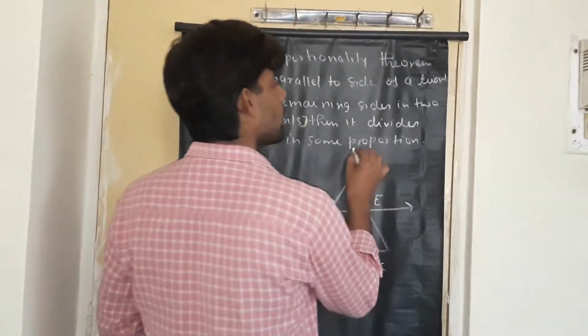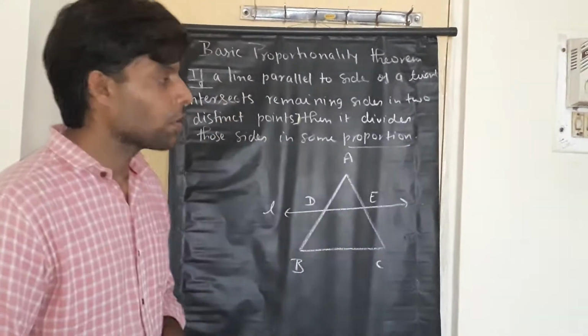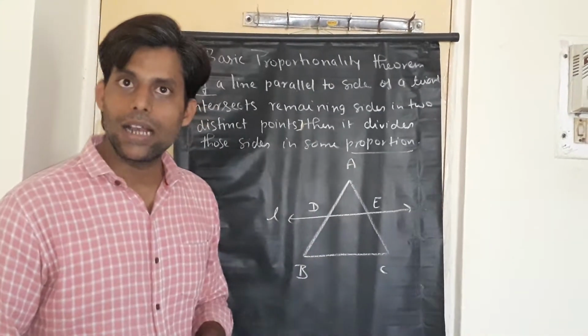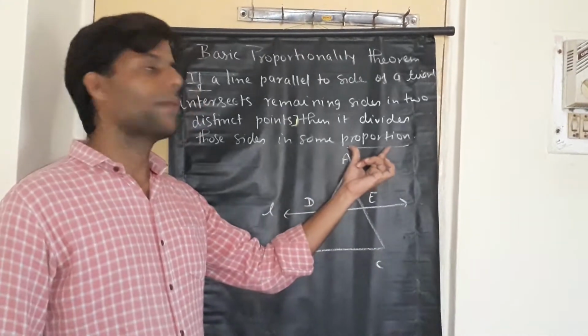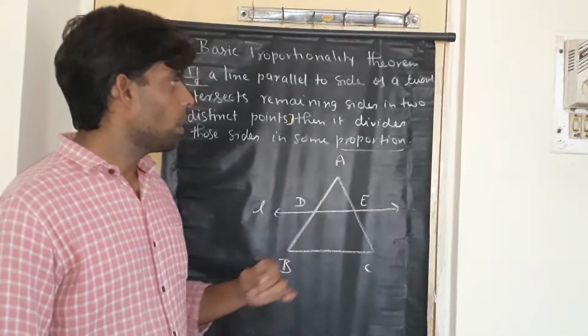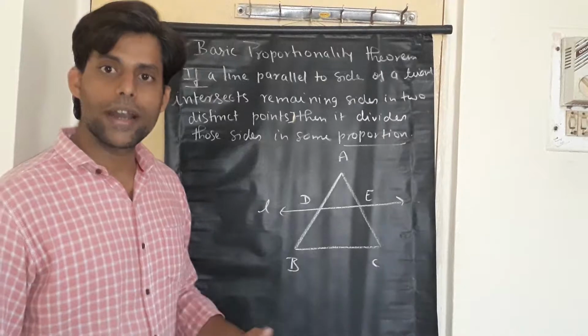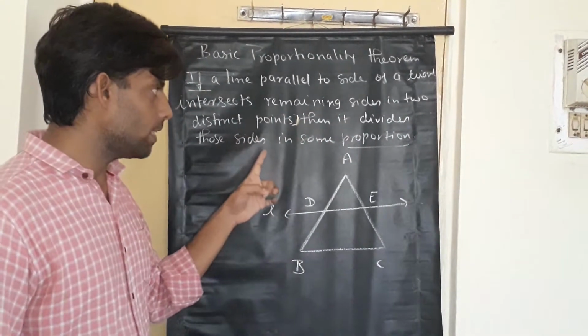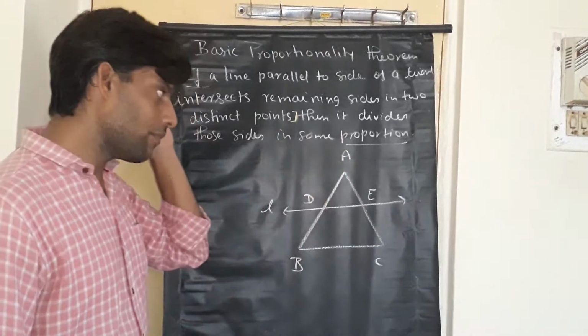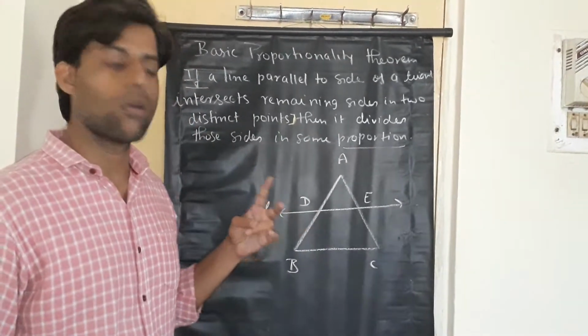Now we need to understand the meaning of the word proportion. We have a chapter in algebra in ninth standard named ratio and proportion. There we have come across this word proportion. Proportion means, students, equal ratio. So that line divides those sides in the same ratio. Now when we talk about ratio, that means something upon something.